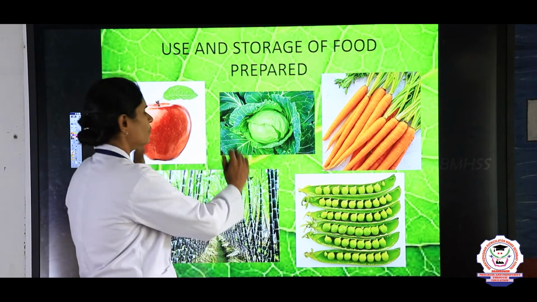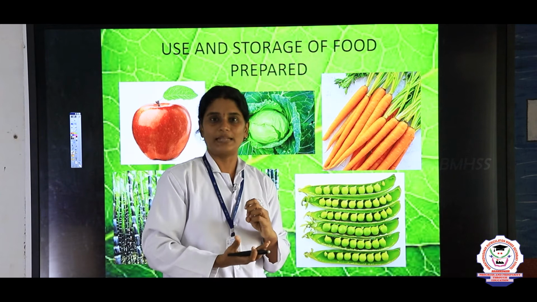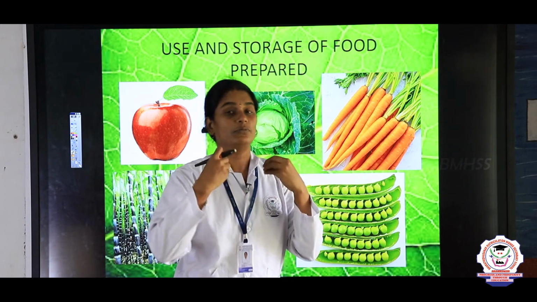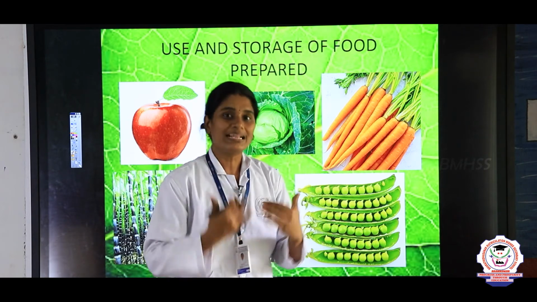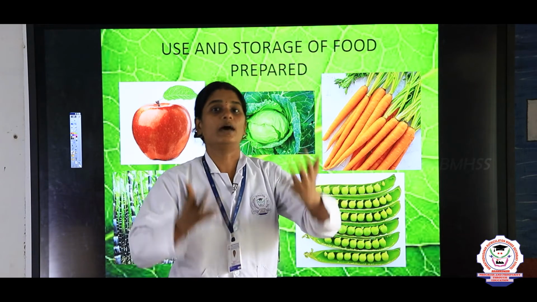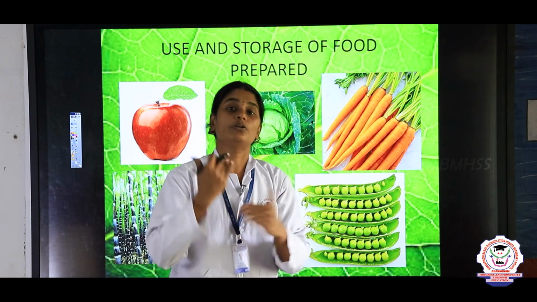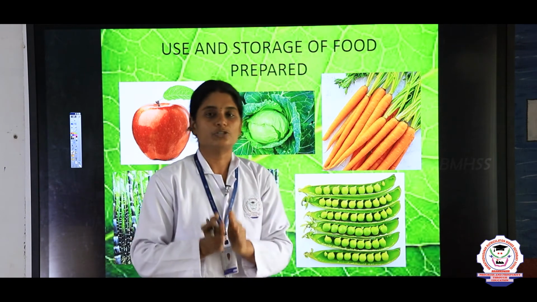Now, we cannot say all the food is used by the plants. For example, we use the food that we take in, but the remaining food we store in our body, right. The same way plants will not use up all the food that they are preparing. The remaining food that they are not using for growth, they will store in the parts of the plant.